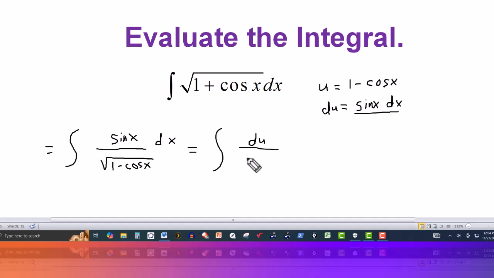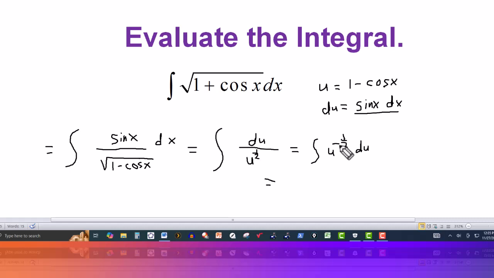This will be the square root of u. I'm going to write that as u to the 1/2, which is easier to integrate. Then I take this to the numerator. This becomes the integral of u to the negative 1/2 du.